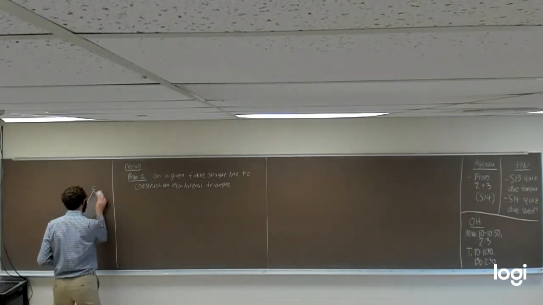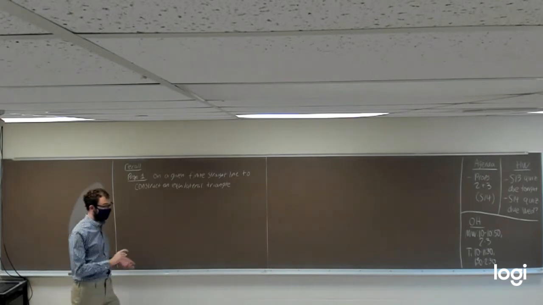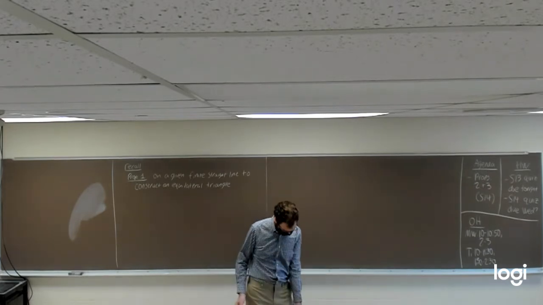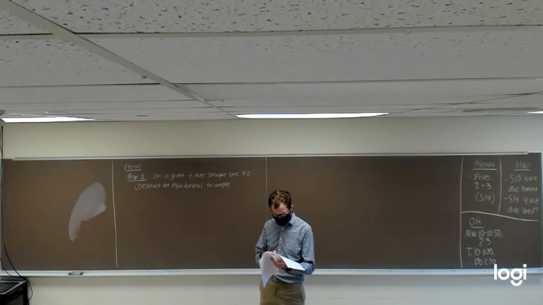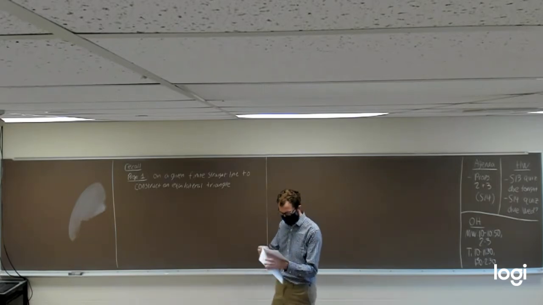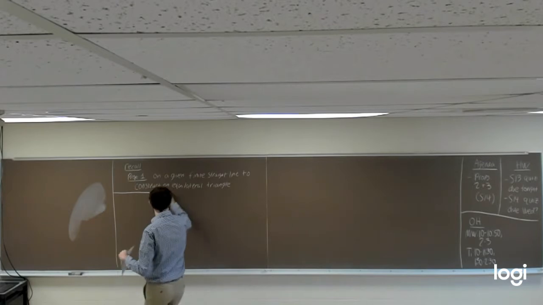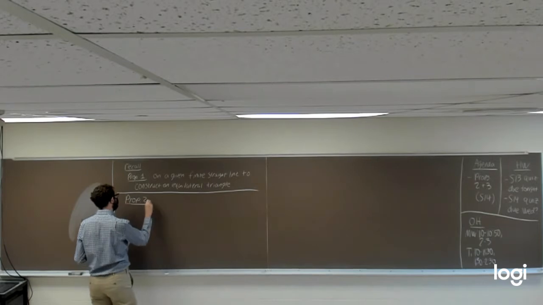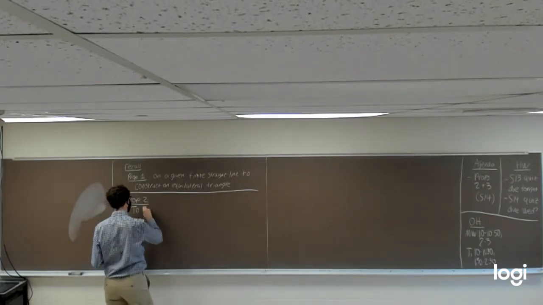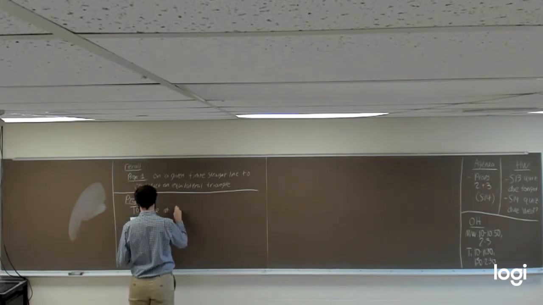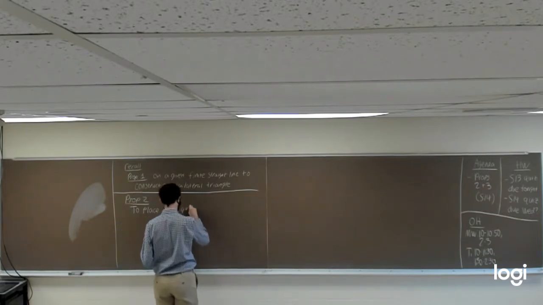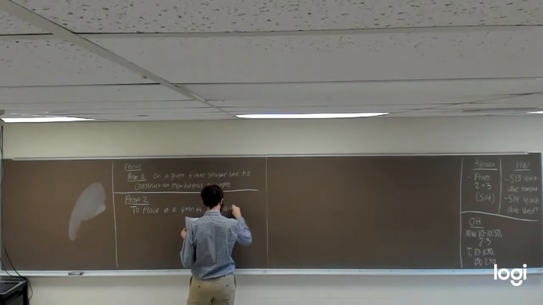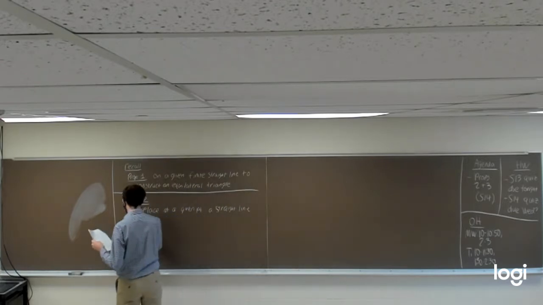So what I want to do today is go through the next couple of propositions and start to get a sense of how the propositions build off of each other. In particular, today, I'm going to start with proposition 2, where proposition 2 is going to say: to place at a given point a straight line equal to a given straight line.